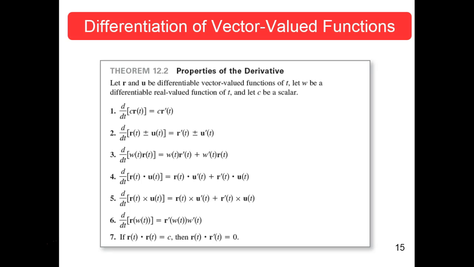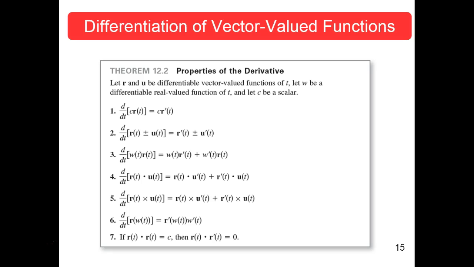Next is the sum or difference rule, just as you would expect. The derivative with respect to t, the single valued independent variable there, of r of t plus or minus u of t is the derivative of r of t plus or minus the derivative of u of t. In other words, the derivative of the sum or difference is the sum or the difference of the derivatives, just like before.